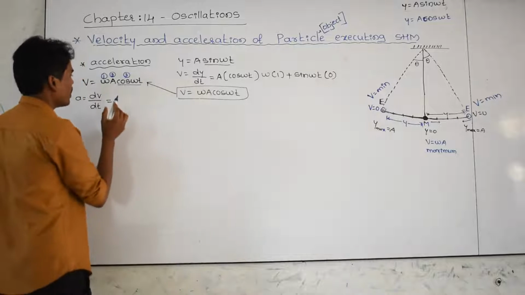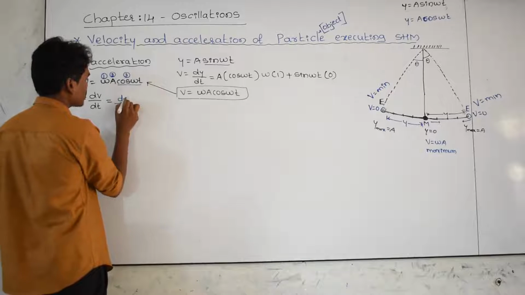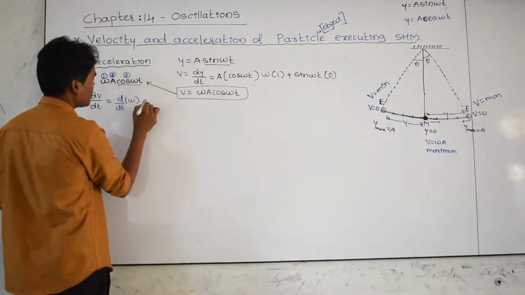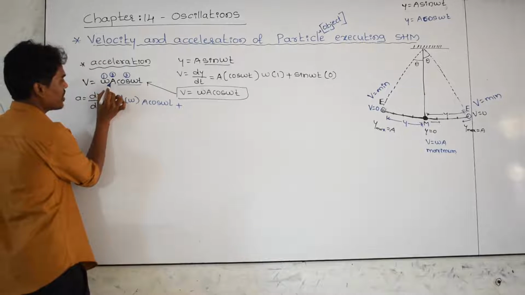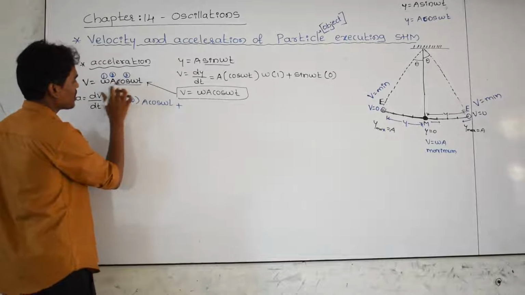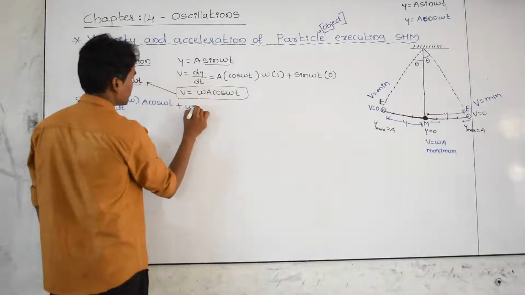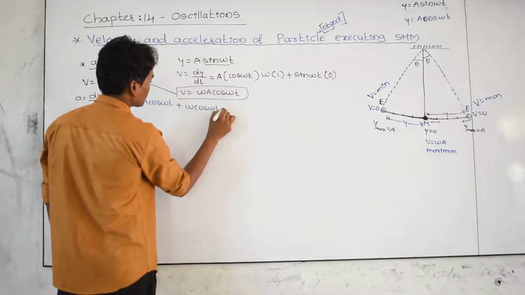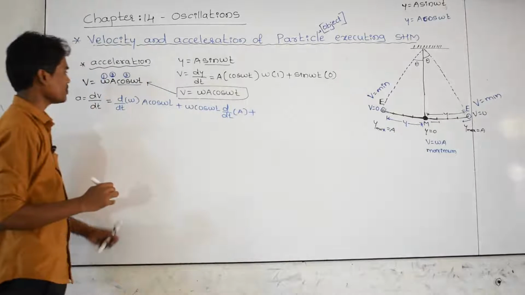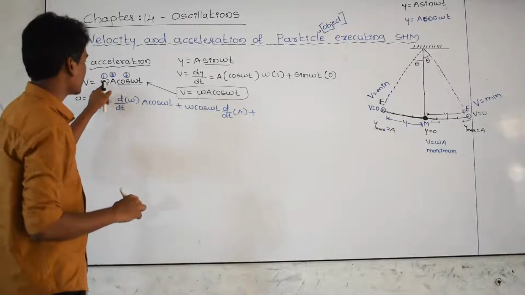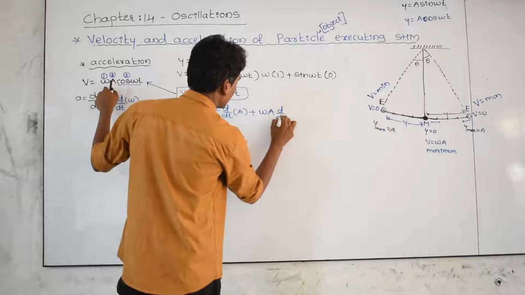Apply the product rule: differentiate this one, d by dt of omega, and keep a as it is and cos omega t as it is, plus differentiate the second one and keep the first and third functions as they are, plus keep these two functions as they are and differentiate the third, omega into a and d by dt of cos omega t.